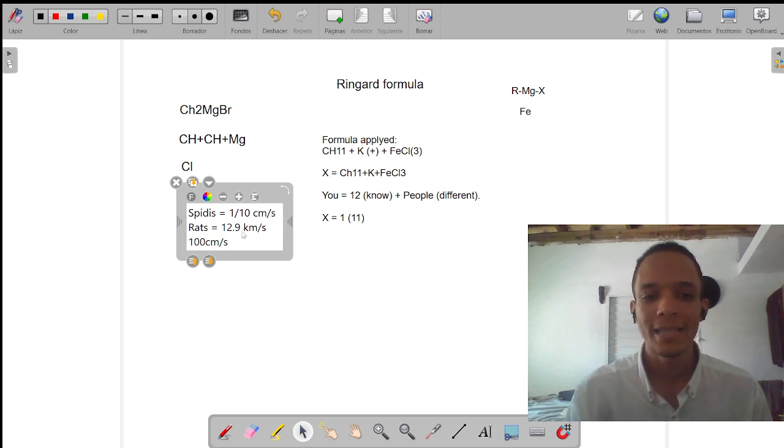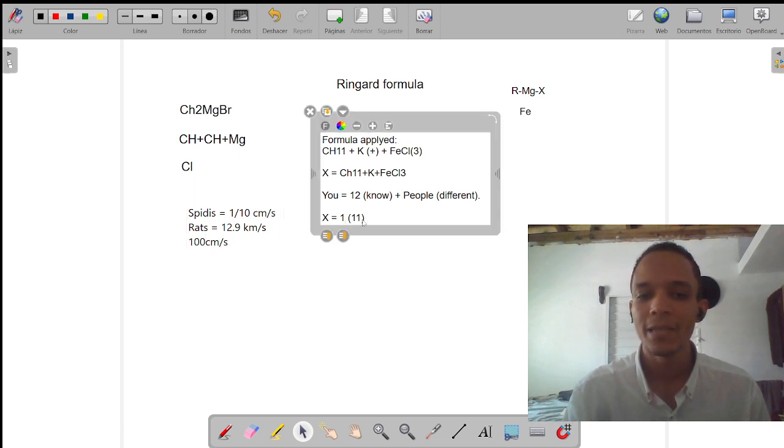What we're gonna take is the same velocity way of showing it, which is 1 to 10 and 100 centimeters. And 1 to 10 is represented as 1 multiplied by 11. Why? Well, because you are always continually moving.